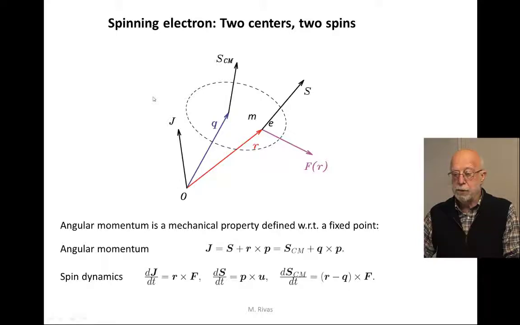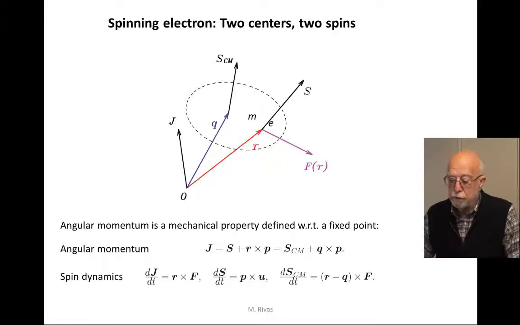Okay, the same thing happens with the center of mass spin. The torque of the external force with respect to this point is the time derivative of the center of mass spin. But the dynamics of the center of charge spin has nothing to do with the external force. This equation is independent of whether the electron is free or not.